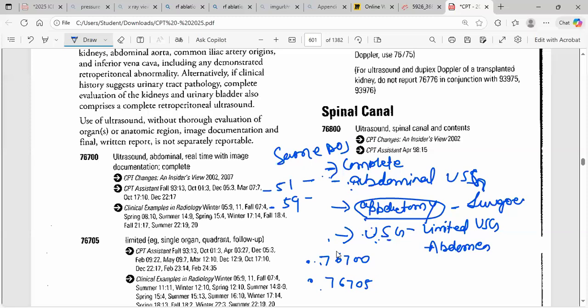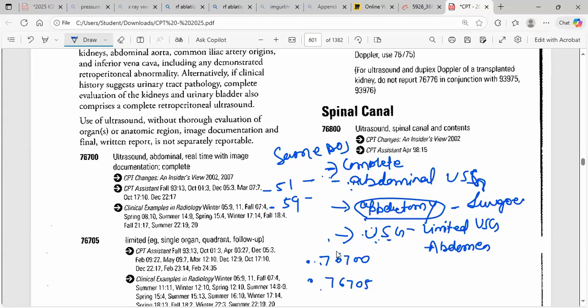Okay, ma'am. Everyone just go and read modifier 51 and 59. Ma'am, modifier 51.